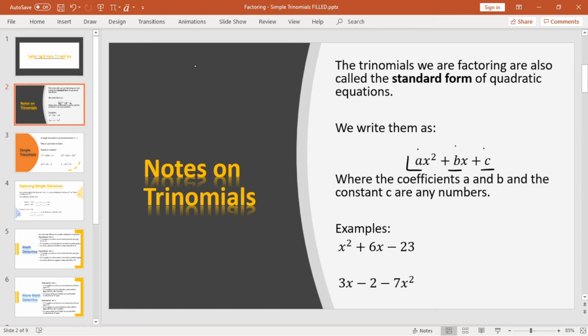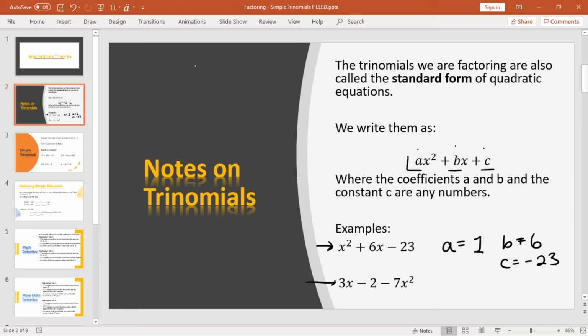So if you look at our examples, we have x squared plus 6x minus 23. In that case, a always goes with x squared, and I can't see a number, so a is 1, which is important. And b is 6, and c equals negative 23.